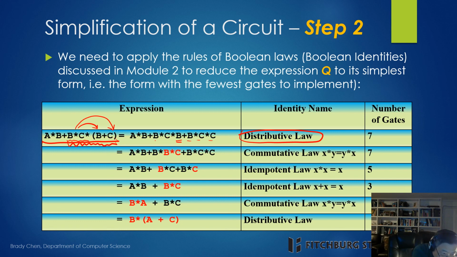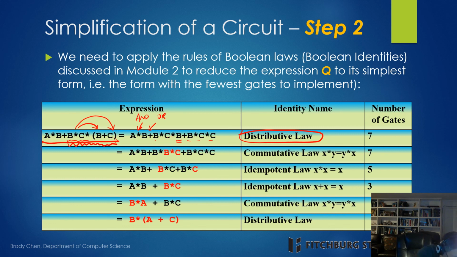Now, I also count the number of gates in each expression, because each operator, like in this case the AND operator and the OR operator, eventually corresponds to a gate.